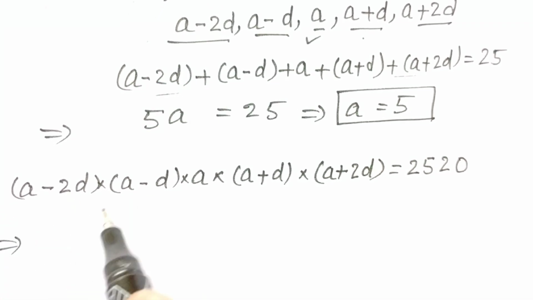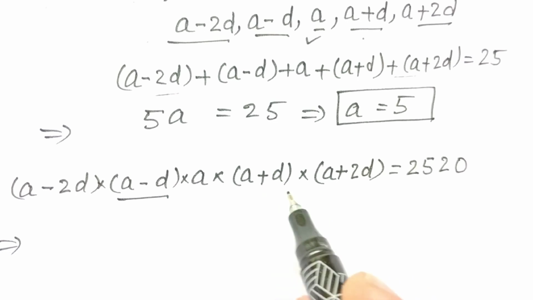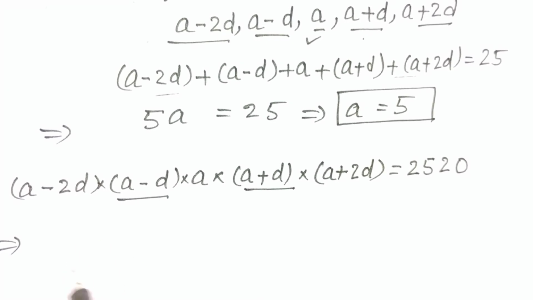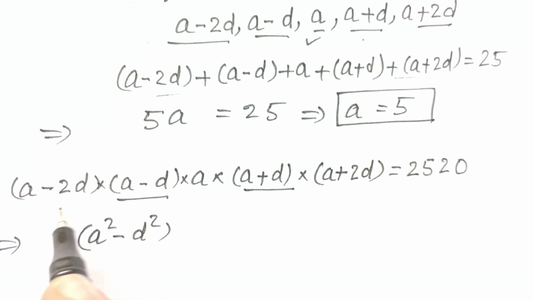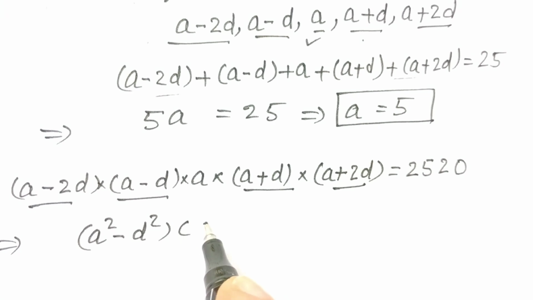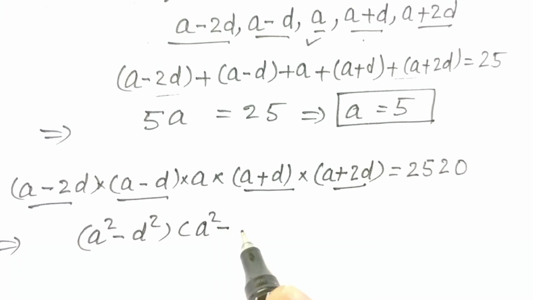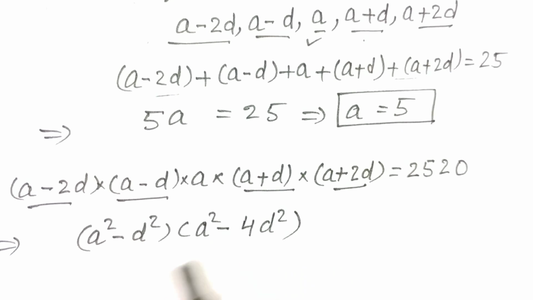Now this and this, A square minus d square, right? And this, A square minus 4d square, right?